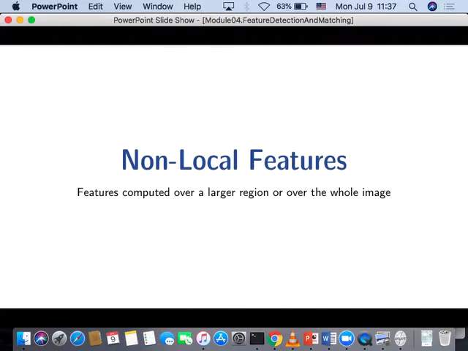Okay, so where are we? Why don't you summarize what we were doing last time? We talked about panoramas. Okay, KLT. We discussed KLT, which is a local feature, a point feature.